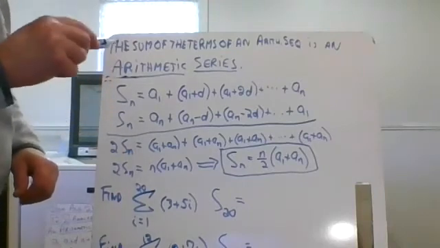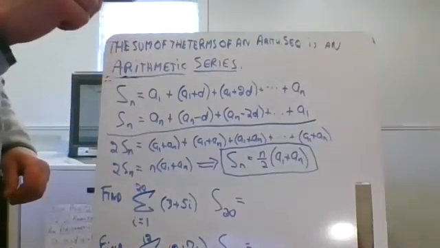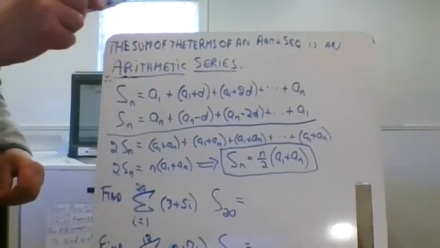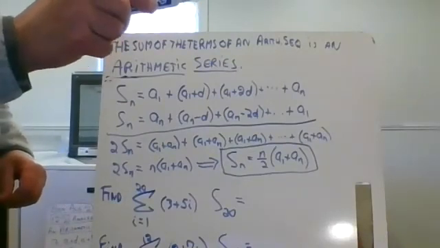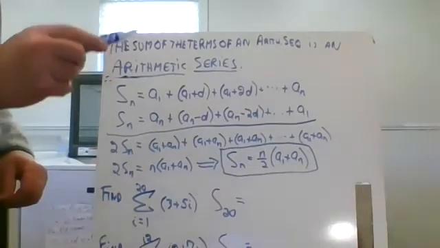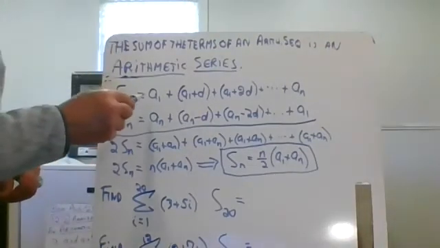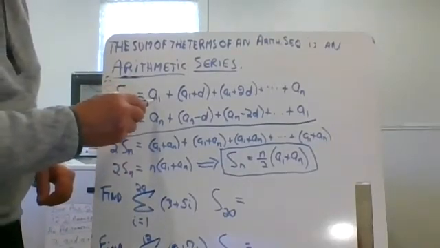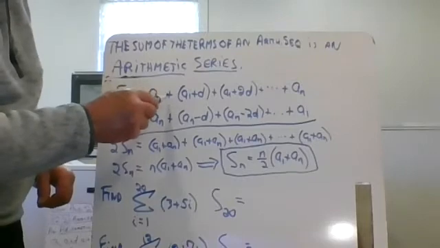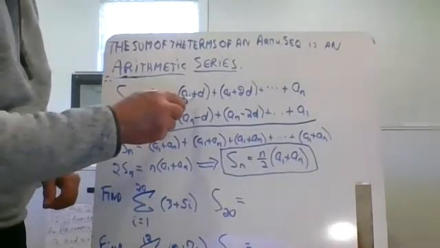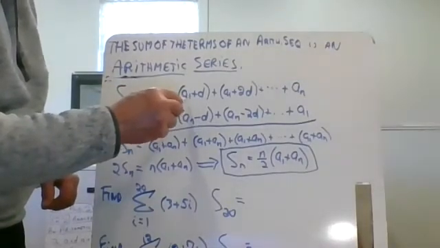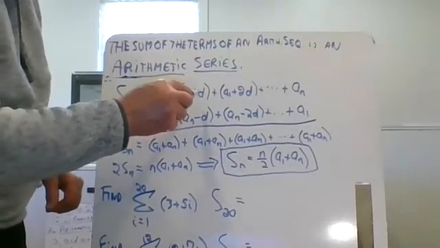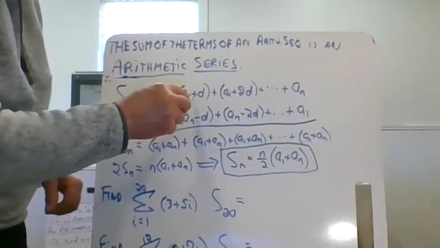That's your A sub 1 plus A sub 2 plus dot, dot, dot to A sub n. That's the sum of the terms of the sequence that makes up S sub n. Only we're going to write it like this. We're going to say it's A sub 1 plus your second term, which we write as A sub 1 plus D. We know that to be A sub 2.